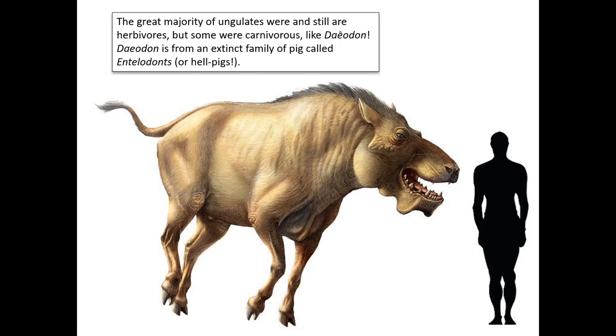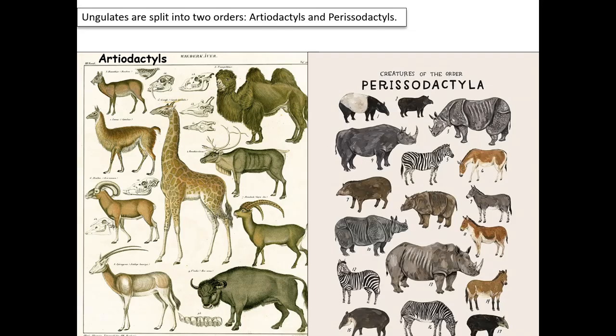These things just look terrifying. So this is Daodon. It's actually related to the entelodonts, the hell pigs is what entelodont actually means. So they are actually related to the pig family. But these were gigantic, you could see horse-sized, carnivorous, fast runners. To me, very scary looking. But anyway, they're extinct now, so thank God for that.